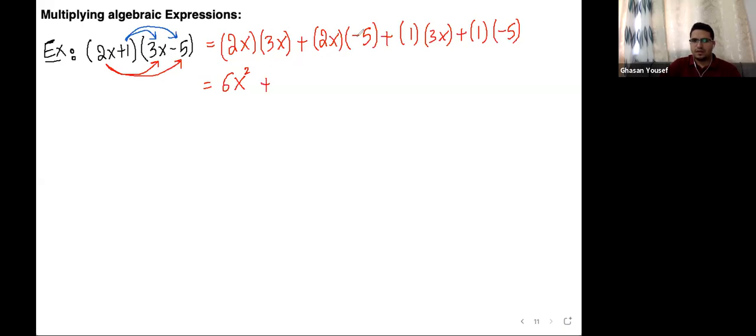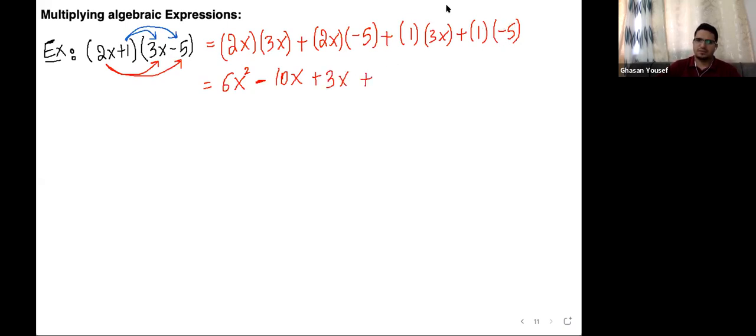Plus 2x times minus 5, we're just multiplying the numbers to each other. So minus 5 times 2 gives me minus 10, and I keep the same variable x. Plus 1 times 3x is 3x, anything times 1 is the same.